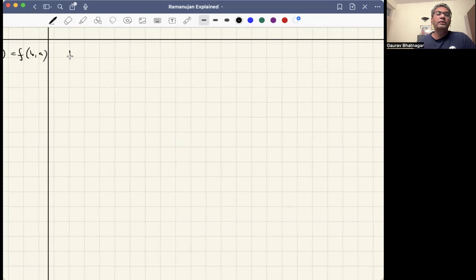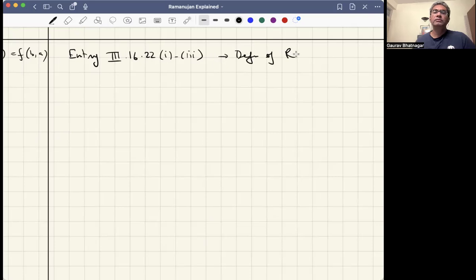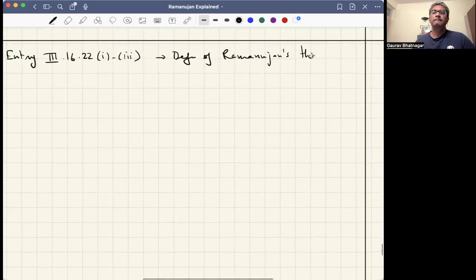Now, some definitions from entry 3.16.22, parts 1 to 4. These entries are really about certain special cases. These are definitions of what are called Ramanujan's theta functions.